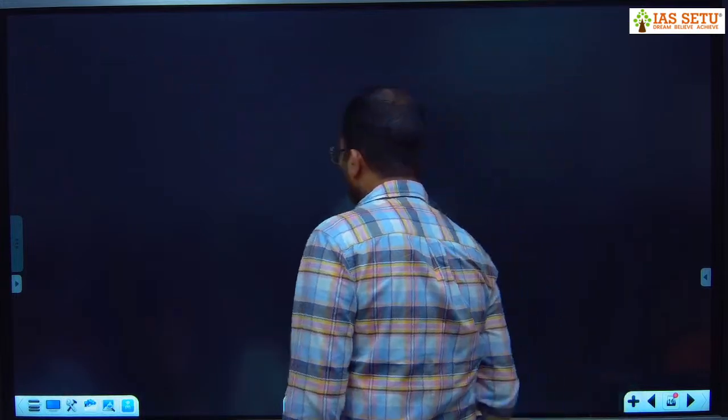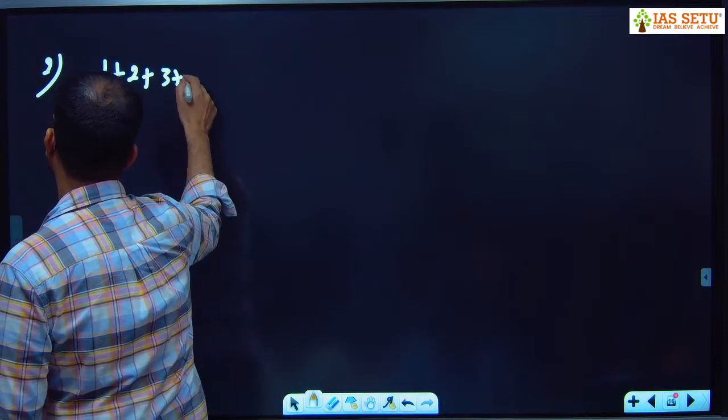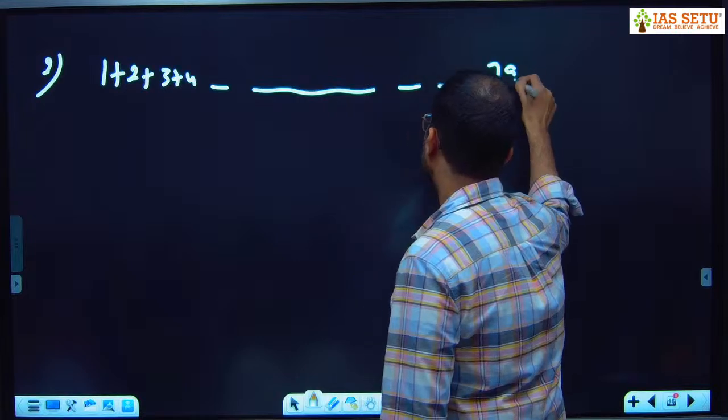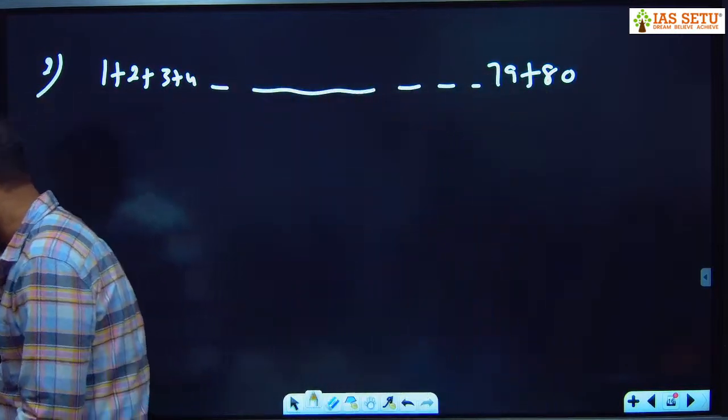Question number 2, and keep your answer with yourself. I am saying it beforehand: 1 plus 2 plus 3 plus 4 up to 80. Sum of the first 80 natural numbers.